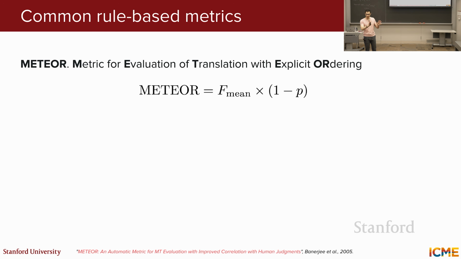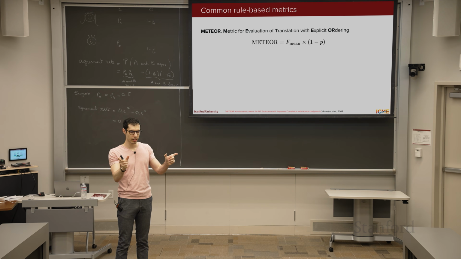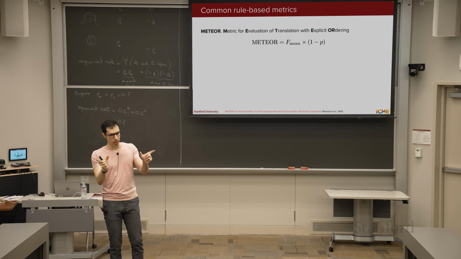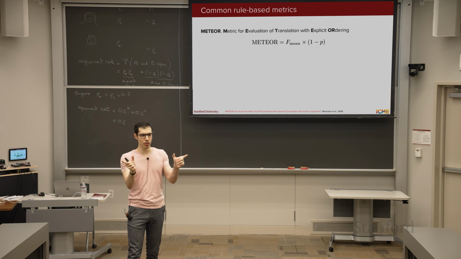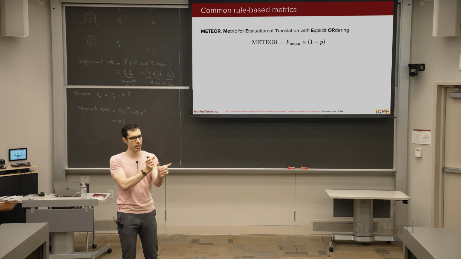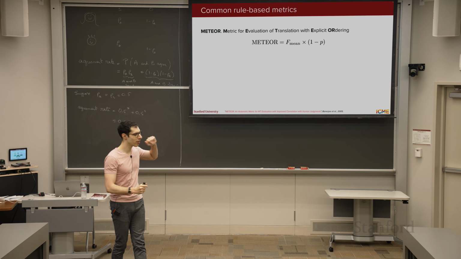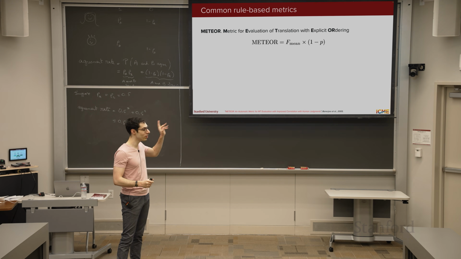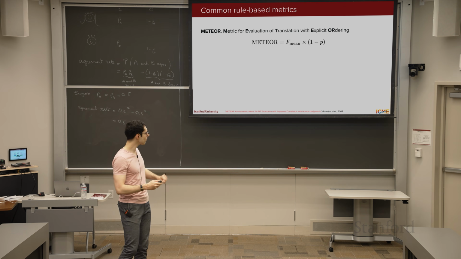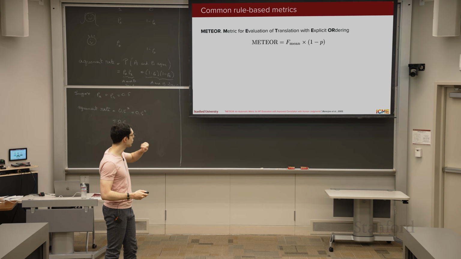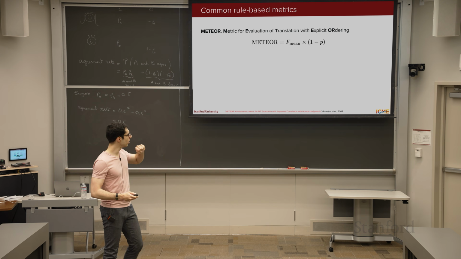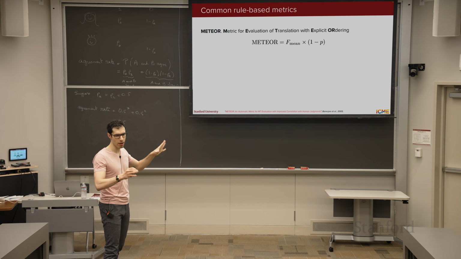The idea here is to compare reference and predicted, and we'll see how it's being done, and also penalize cases when words are not in the same order, which explains why the metric is called with explicit ordering. So the formula is as follows.